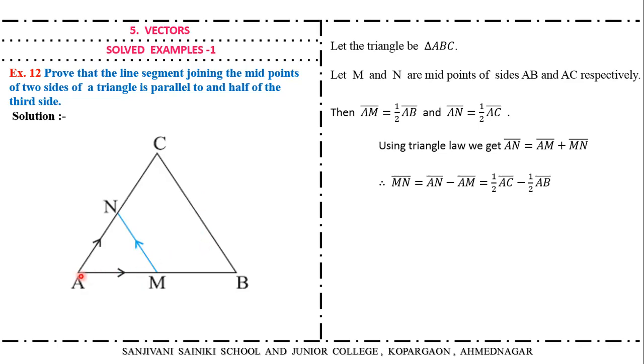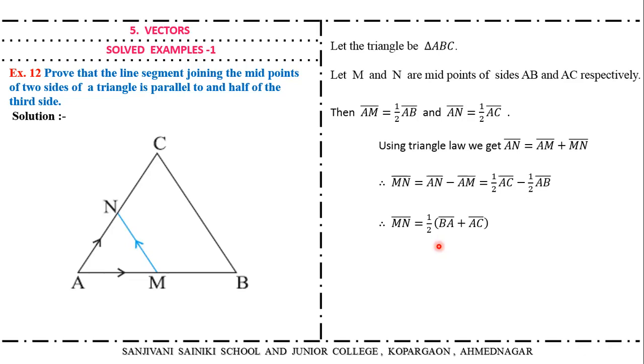We put in the values of AN and AM: 1/2 AC bar minus 1/2 AB bar. So MN bar is equal to 1/2 AC bar as it is, but this AB bar I have written as BA bar. So we know that AB bar is minus BA bar.